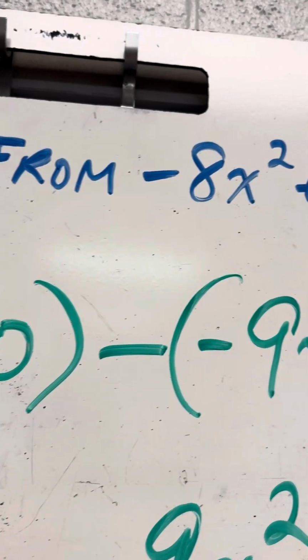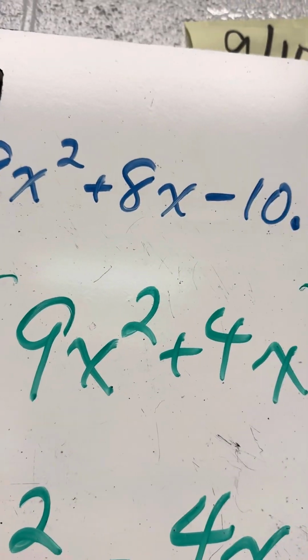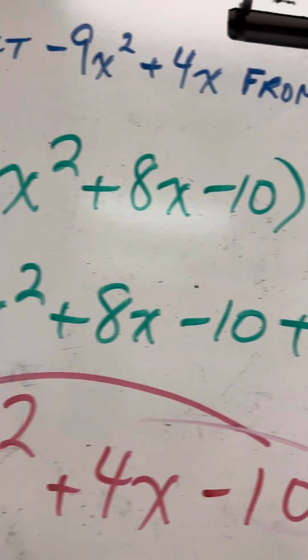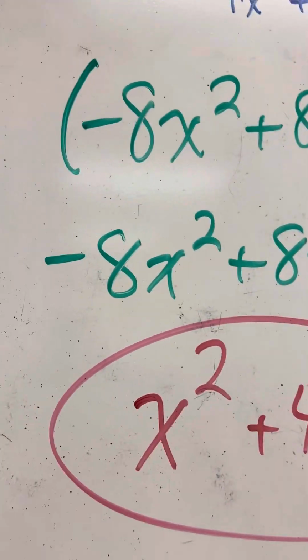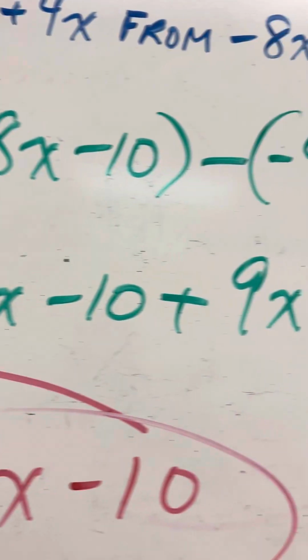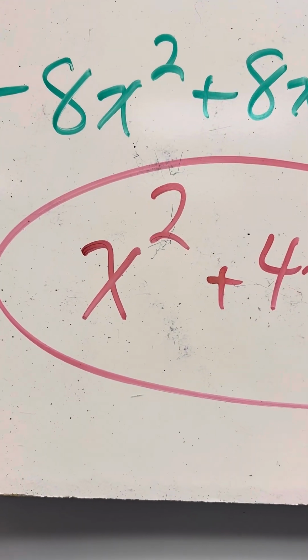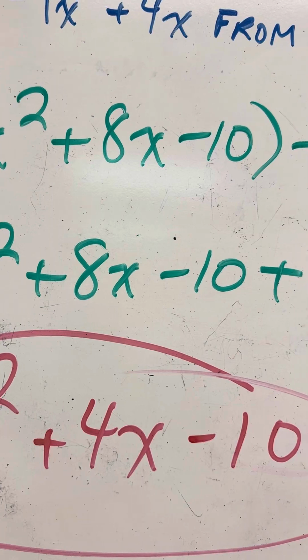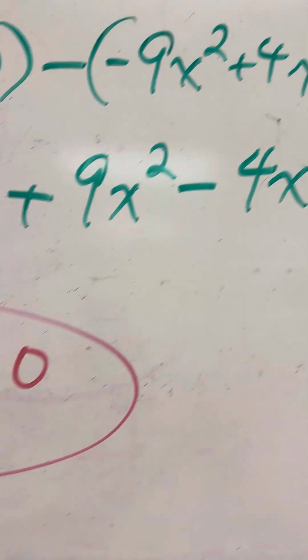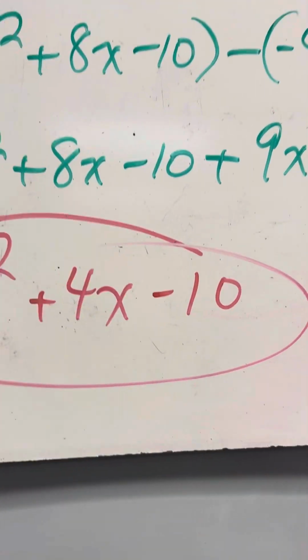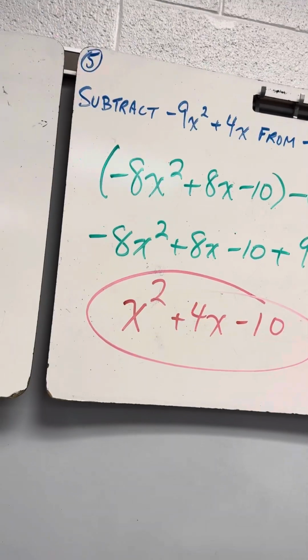This minus will change this sign and this sign to plus and minus. So I'm going to have negative 8x squared, positive 9x squared, which makes positive 1x squared. 8x minus 4x is 4x. And negative 10 minus 10. And there you go.